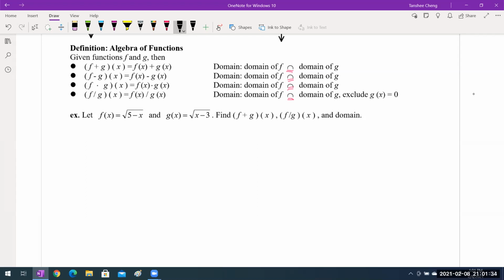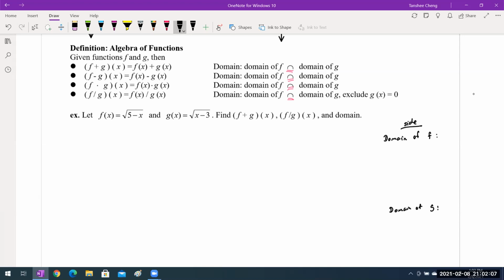Since we need the domain of f and g before we can talk about the algebra of functions, we want to find out, on a side work, the domain of f and the domain of g so that we can work on it.